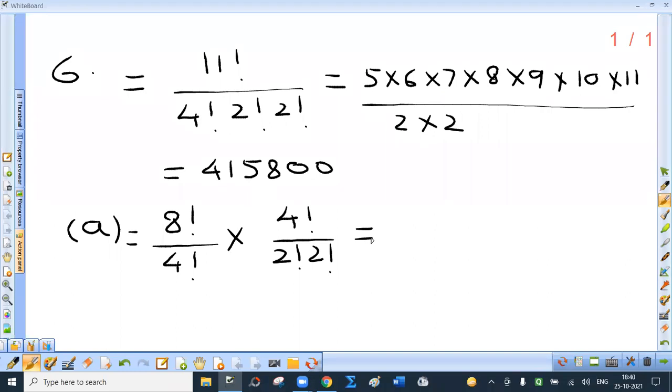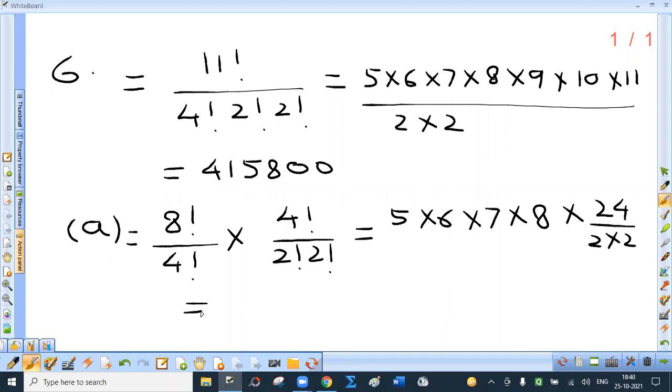Find the value. In the first part, after cancelling 4 factorial, what remains is 5 into 6 into 7 into 8. Now 4 factorial is 24 upon 2 into 2. Now if you simplify this, you should get 10,080.